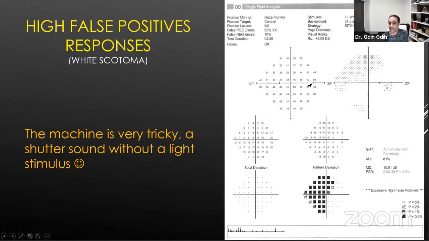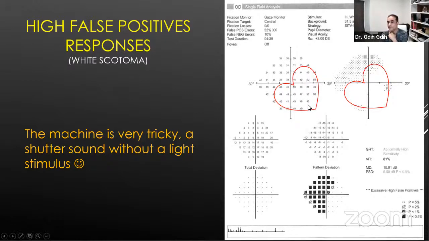So looking at these numbers, if we go to the white scotoma here, see the area in the heart, and you look at the numbers in the heart, they're all close to 50. Meaning they are supranormal, like they see more than the normal human being can see.